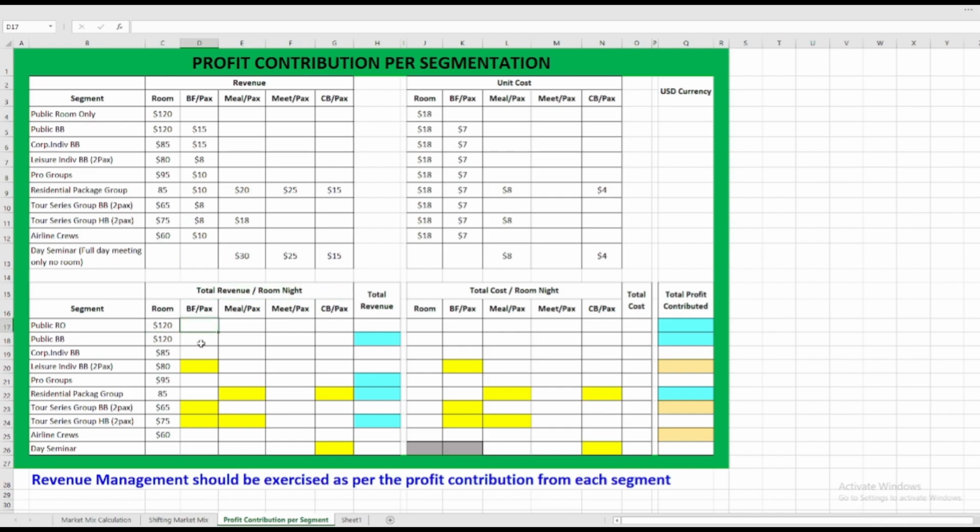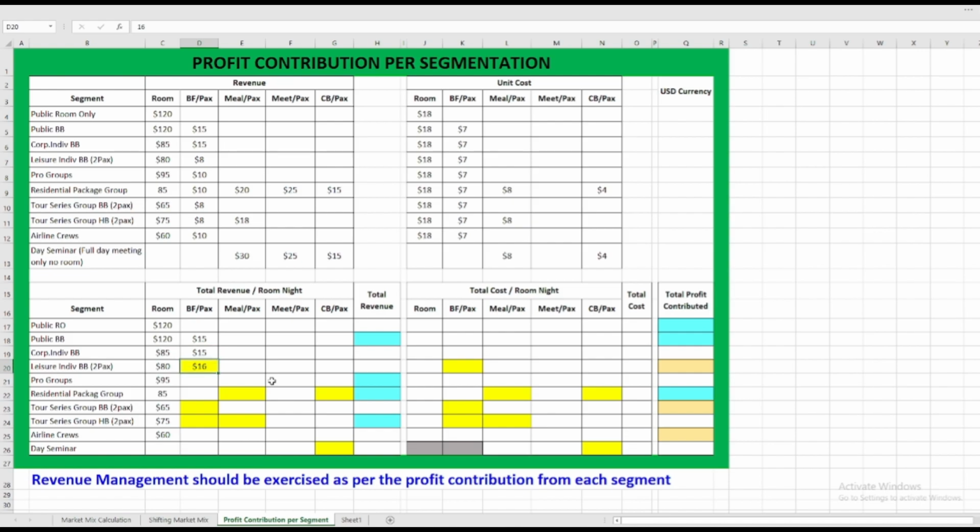Breakfast. This one is room only, so no breakfast. Public bed and breakfast, the revenue breakdown for breakfast is $15, and corporate individual bed and breakfast is the same $15. Leisure individual, this is per pack, and guests stay 2 per room, so 8 times 2 is 16.